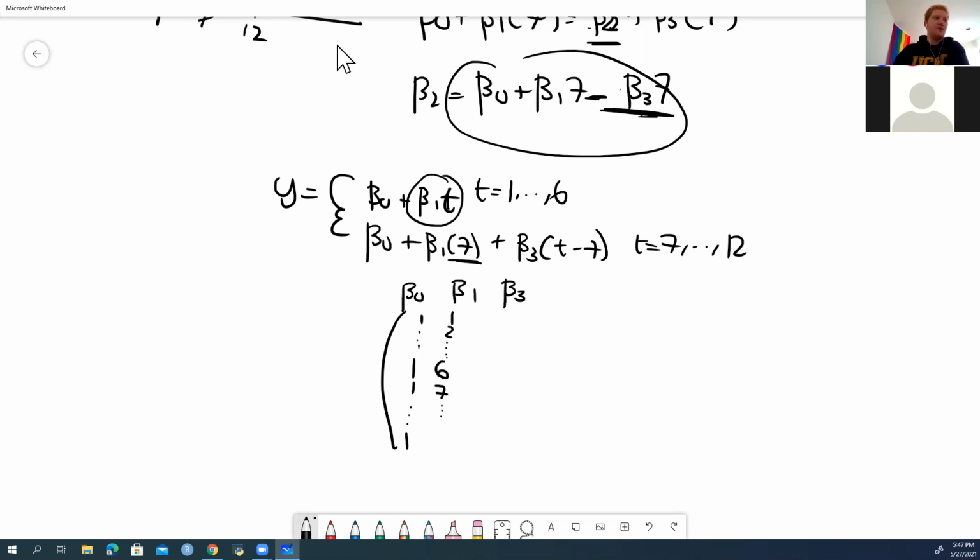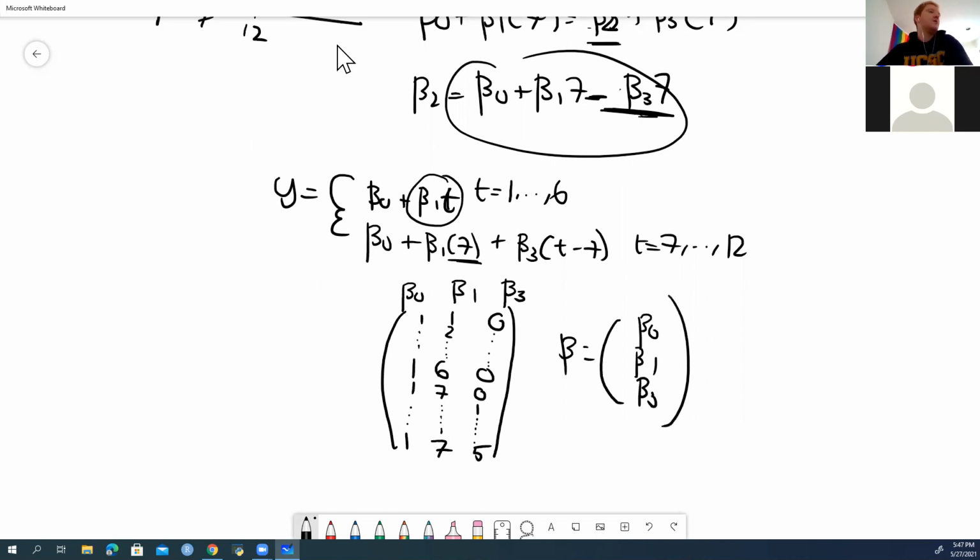And then beta 3, they're not in the first 6, so it's zeros. And then for the rest of them, it's t minus 7. So I'll just do 0, 1, up through 12 minus 7, which is going to be 5. And then our beta values would be also just beta naught, beta 1, beta 3, I guess I'll just keep it like that.